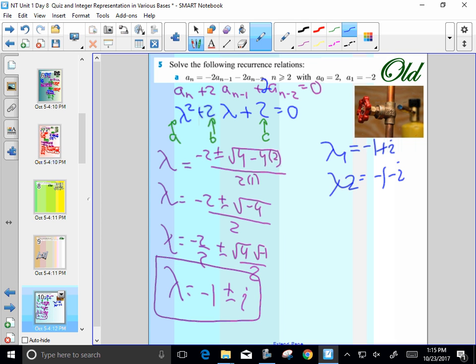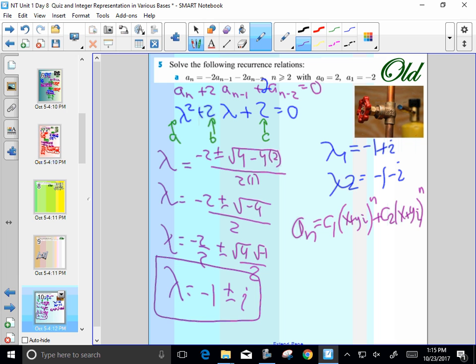For complex, you're going to have your a of n formula that looks like this: C1 times (x plus yi) to the n plus C2 times (x minus yi) to the n. And if you look at this, doesn't this look exactly like my last one, except this is lambda 1 and this is lambda 2? It's still the same thing. It's nothing super nasty.